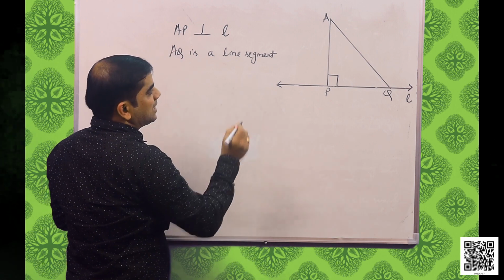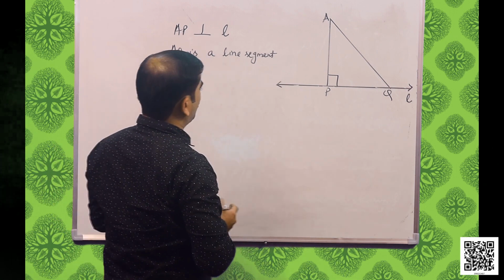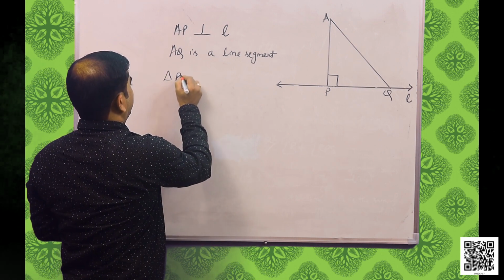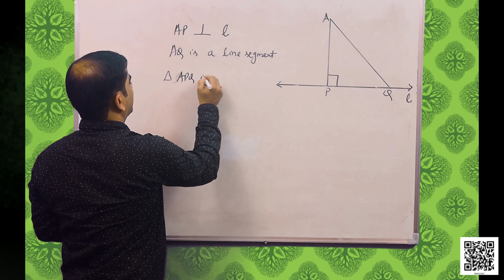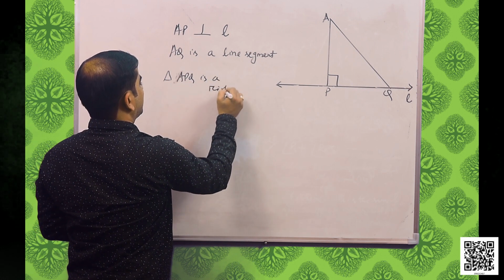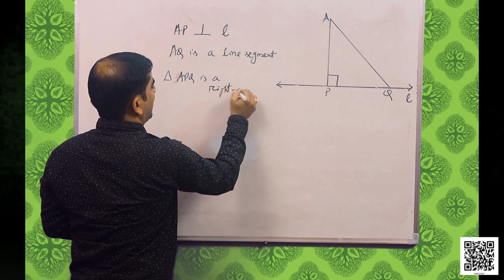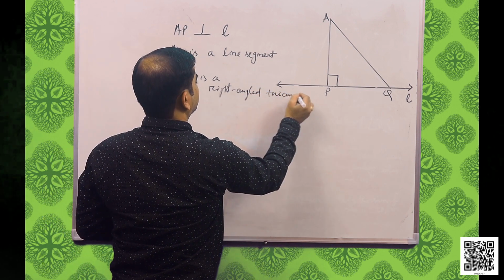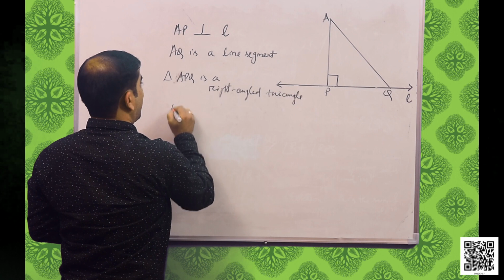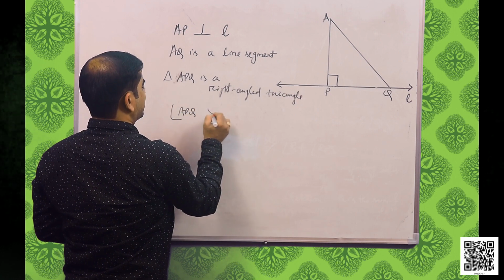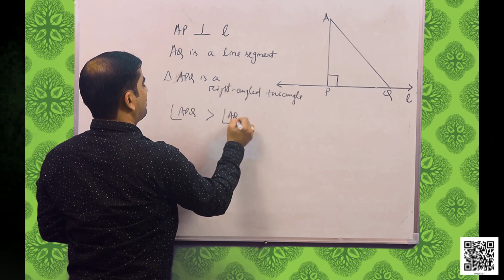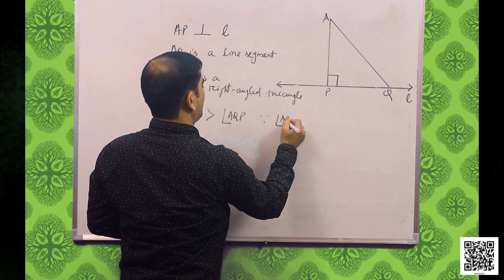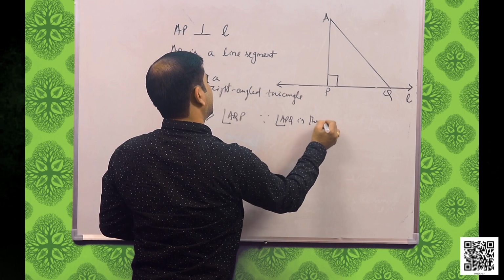So, as AP is perpendicular to L, triangle APQ is a right angled triangle. That means angle APQ is greater than angle AQP because angle APQ is the greatest angle.